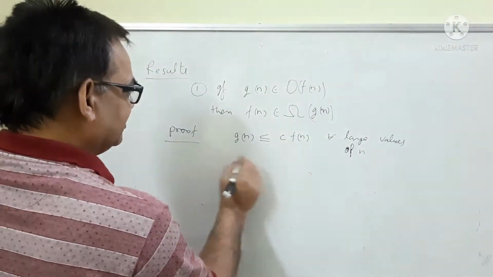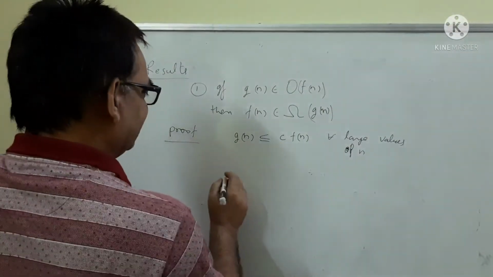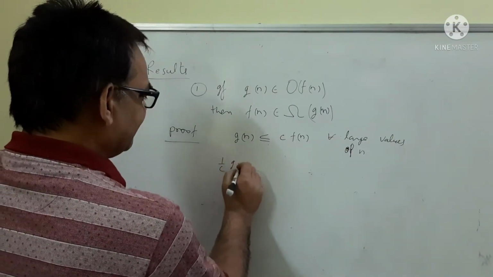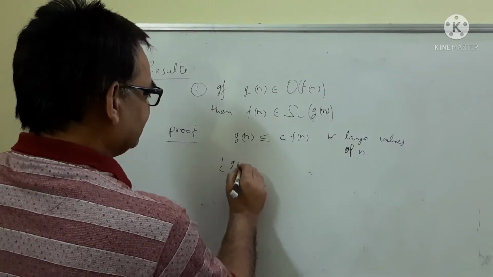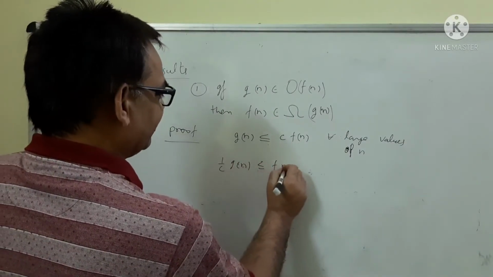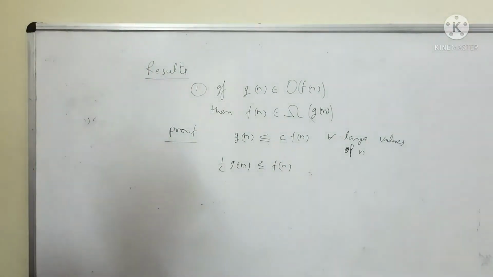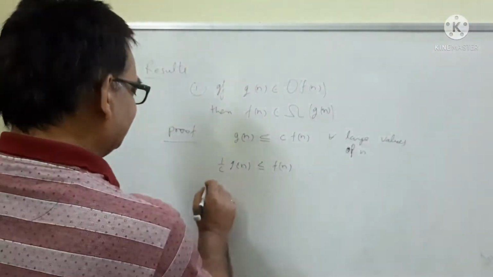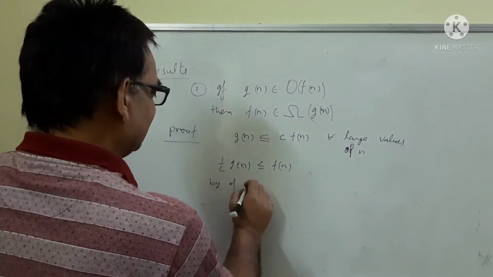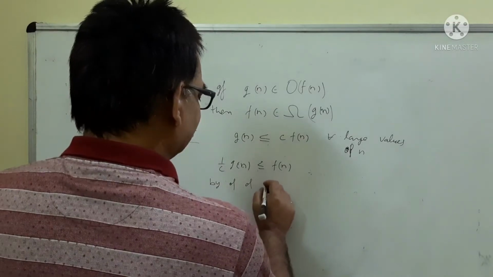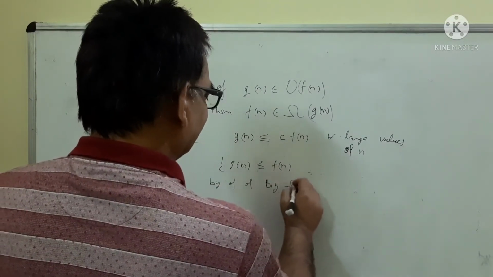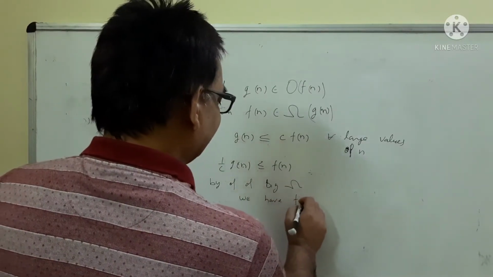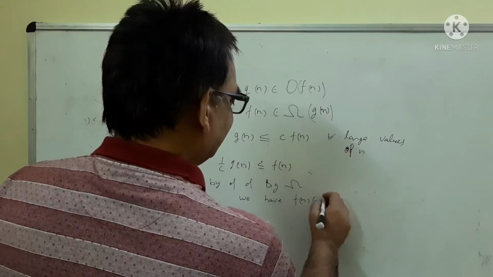From this, divide by c, since c is positive, we can divide by c. So 1 by c times Gn is less than or equal to Fn. So by definition of big omega, we have Fn belongs to big omega Gn.